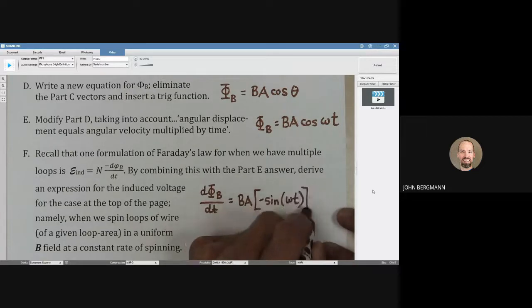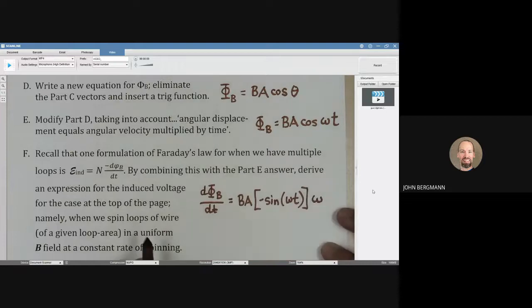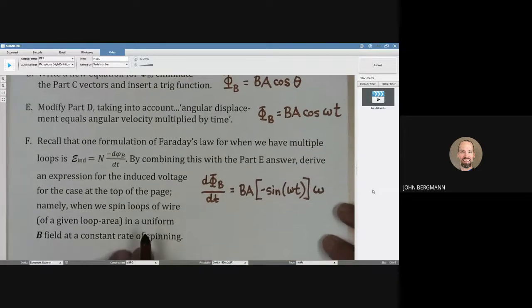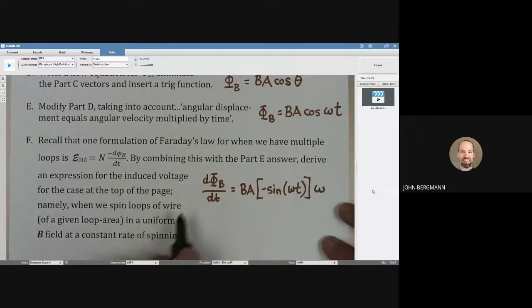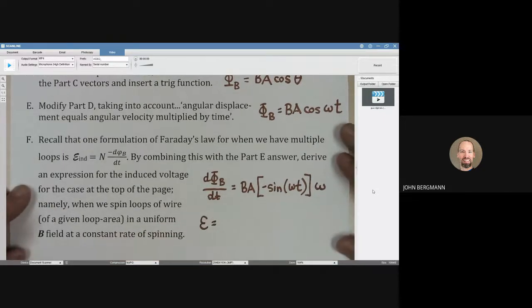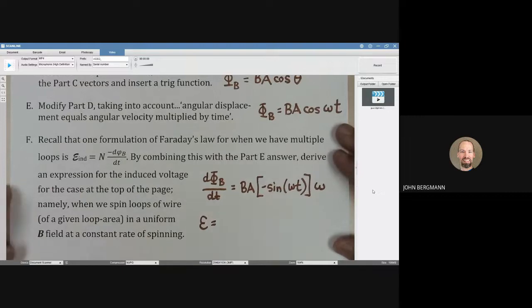But then you have to use the chain rule, and you have to take the derivative of the thing in parentheses, so that's omega. We are looking for the induced voltage, and that is the induced voltage. Again, you could leave the negative sign off if you wanted. It talks about the direction, so I think I'm going to do that.